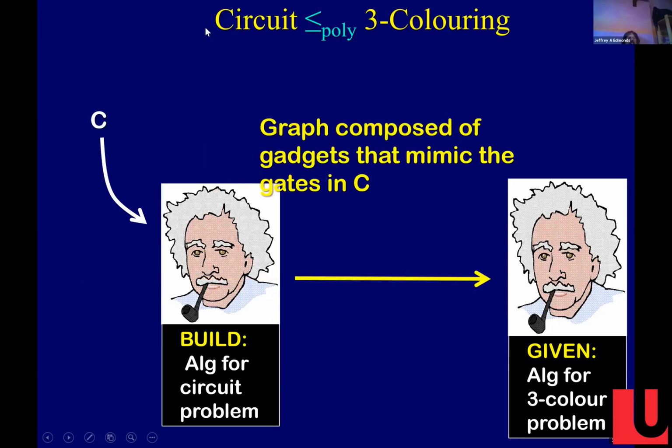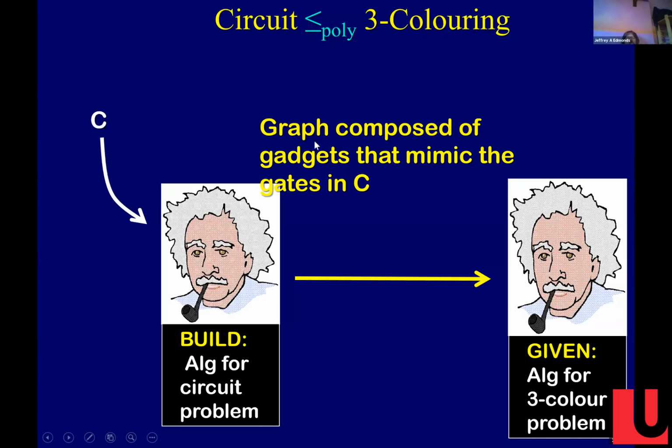Here I said circuit, that's the same as circuit satisfiability. So what do I have to do? Given my circuit, I have to build a graph that I give to my oracle, because I give my oracle a graph, and the oracle will tell me whether or not it has a 3 coloring.